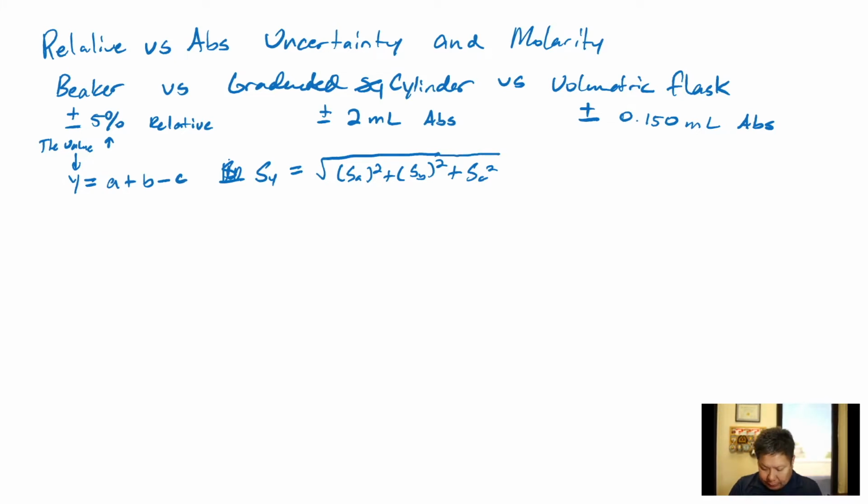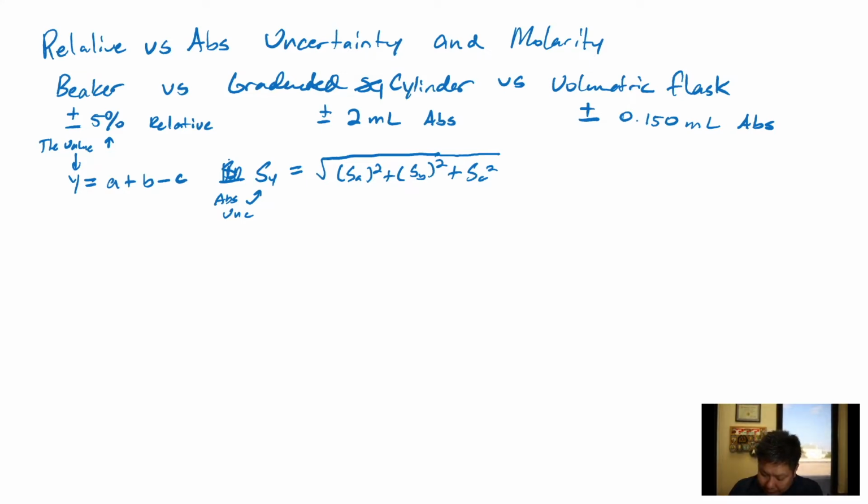It's pretty simple to do an addition or subtraction operation when it comes to uncertainty, and of course the sy here is the value for the absolute uncertainty. I'll just abbreviate absolute uncertainty as ABS UNC from now on.